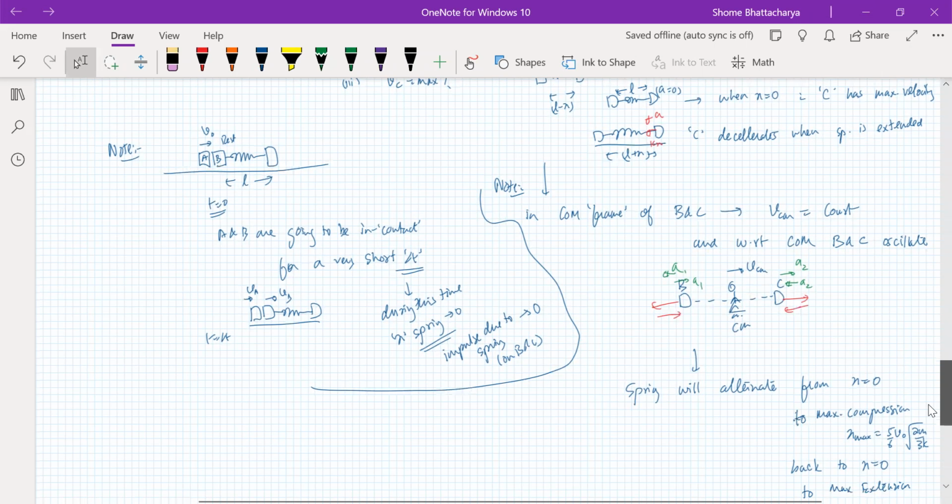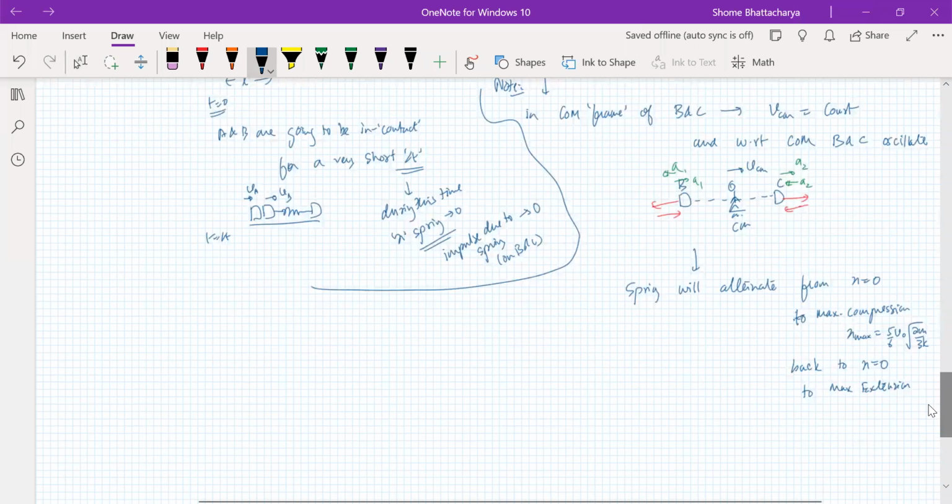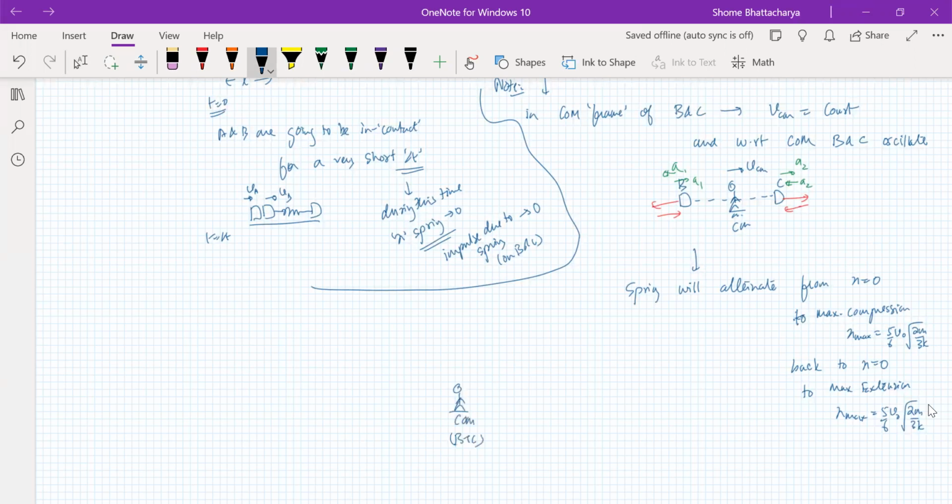So we can actually solve this without doing much calculation also. One way of solving it is without getting into all that. So in the center of mass frame, the center of mass of B plus C is traveling with that velocity. Now what will be the velocity of the center of mass of B plus C? It will be the common velocity when x was maximum. So that was how much? That was 1/3 of VB, no?